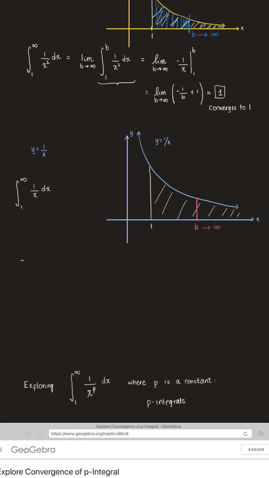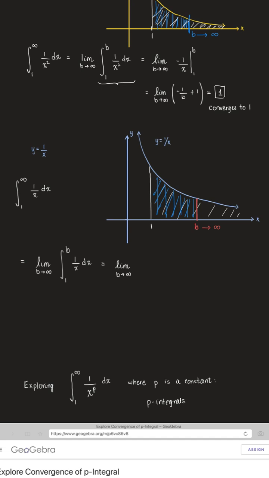We're going to define our integral as the limit as b approaches infinity of the integral from 1 to b. It will be an expression in terms of b, and then we're going to let b get arbitrarily large. So as we did in the previous example, we're going to evaluate the limit last.